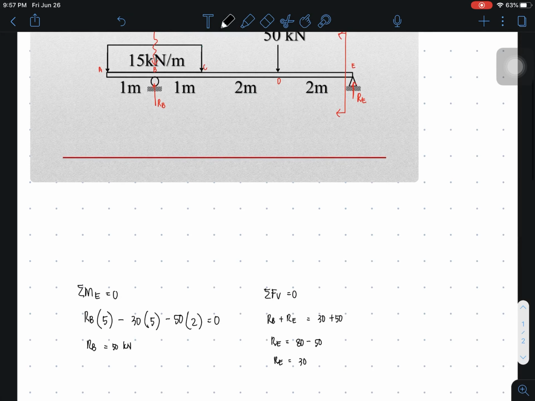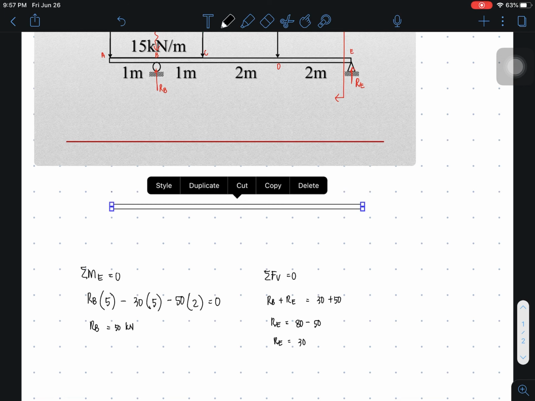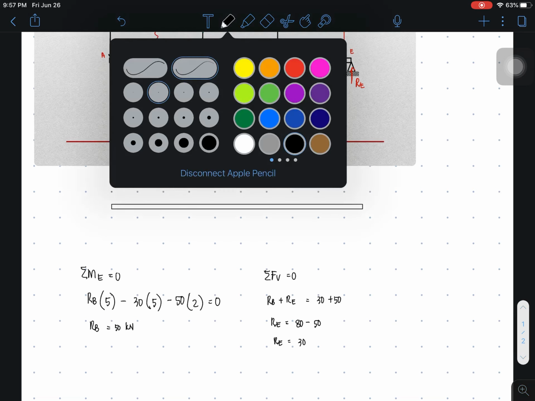So, for example, di rin ako isuwat si beam. And then I'll place the reaction.